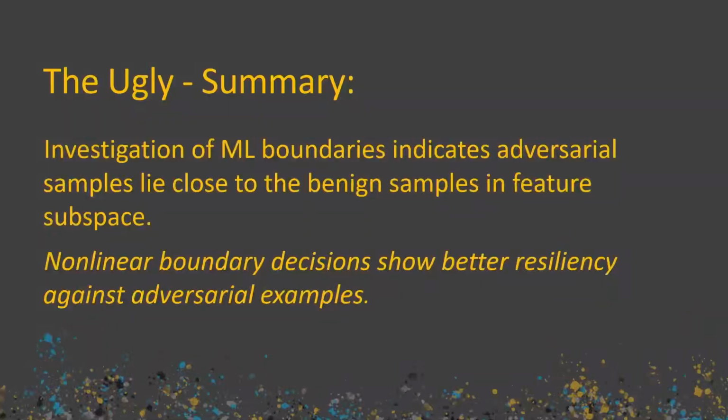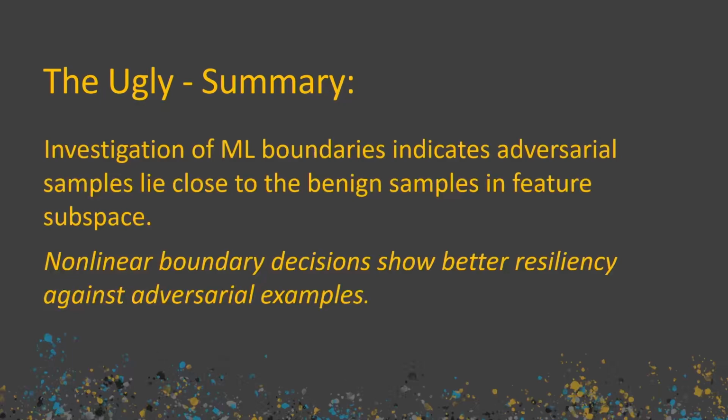Hence, there comes our ugly summary. We have investigated the machine learning boundaries and understand why the adversarial examples are easily being classified as benign. We show that in the original feature space, the adversarial examples are indeed malicious.